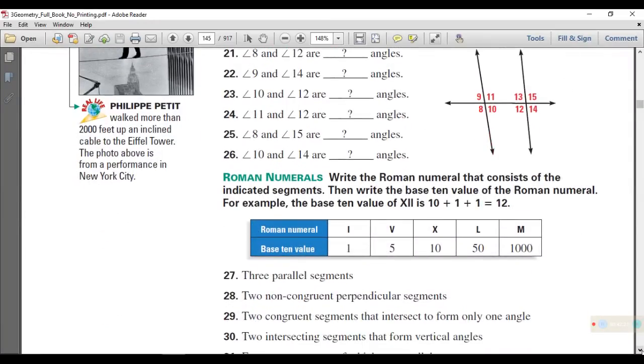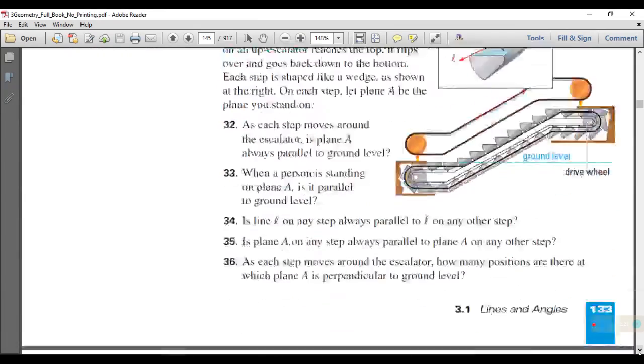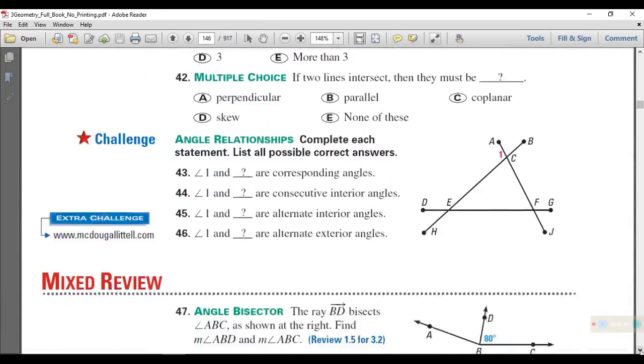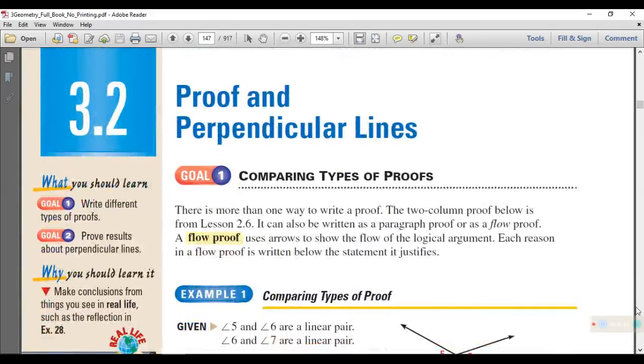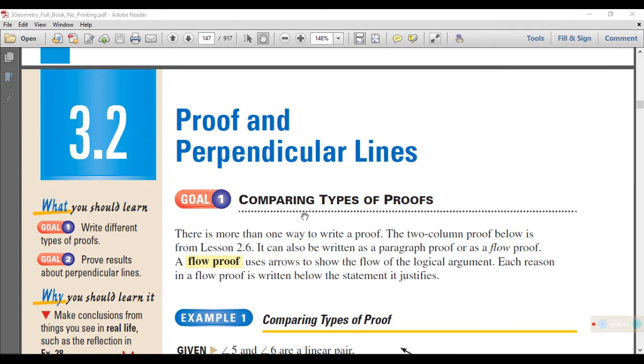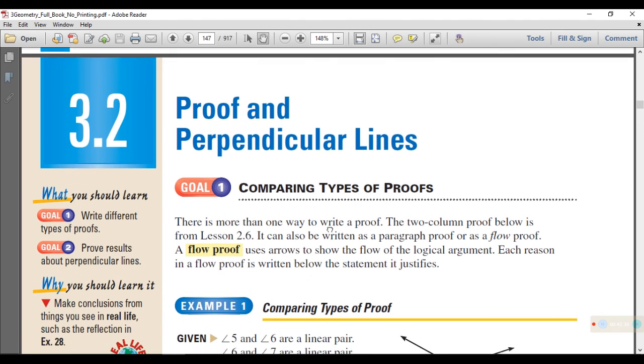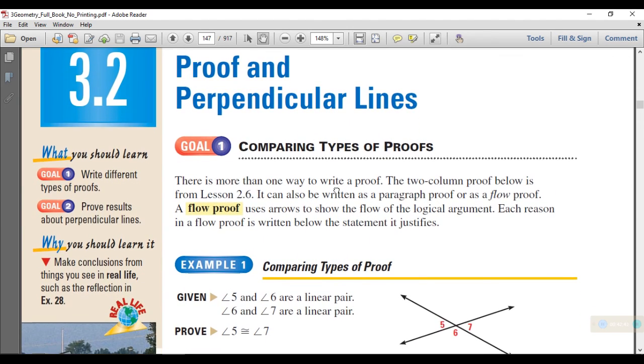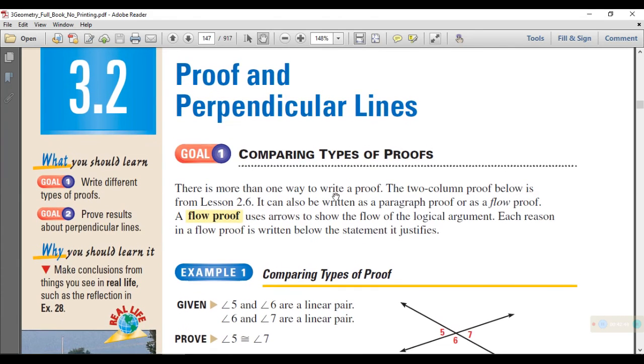Since hindi pa nagloloko yung internet natin, mag-take advantage tayo sa oras. Doon na tayo sa proof and perpendicular lines. Okay. So, for proof and perpendicular lines, we are going to compare different types of proof. Hindi ko na siya isa-isahin kasi familiar na kayo with the two-column proof.